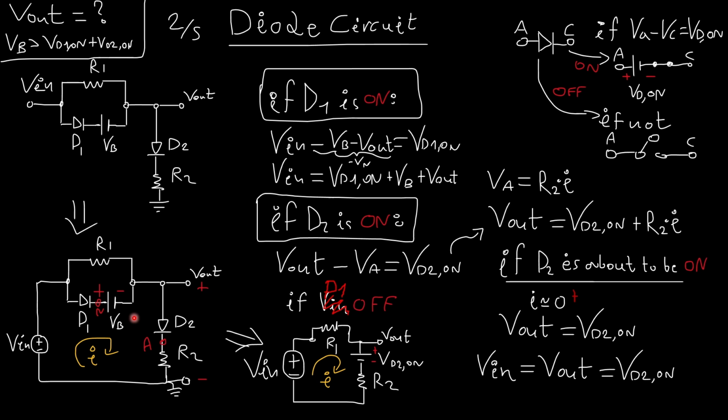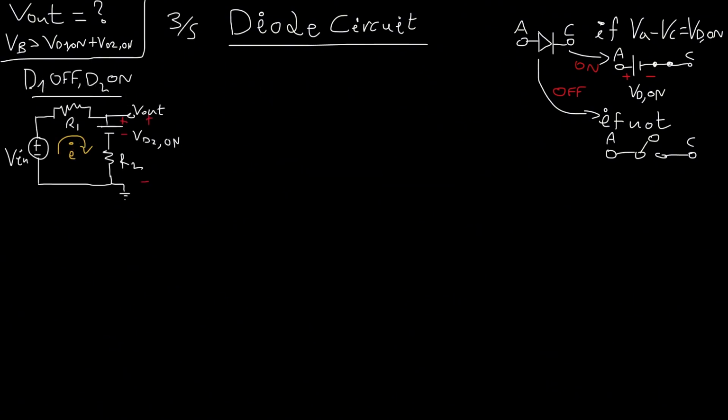Alright, now if D2 is on and D1 is off, the circuit reduces to this, okay? The diode is nothing but a battery. And we are here. The input is higher than VD2 on, and it's lower than some value, I don't know which, I don't mind here.